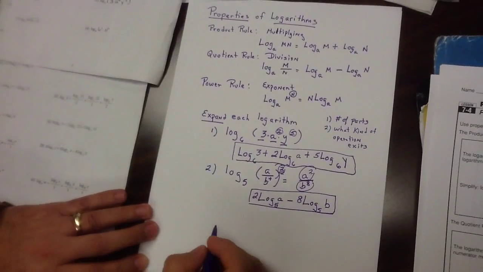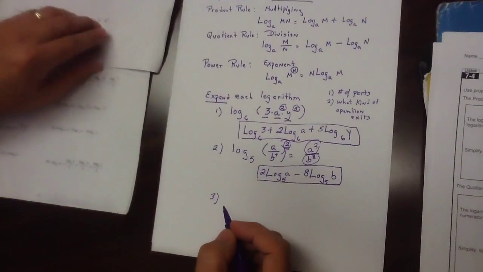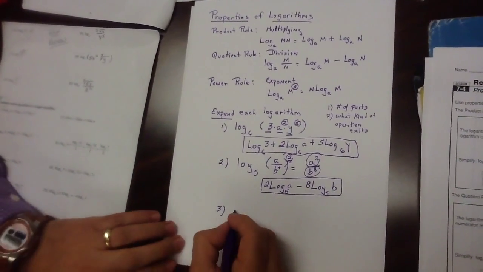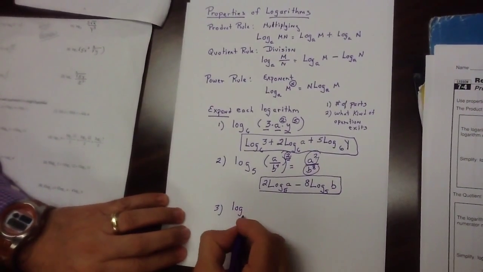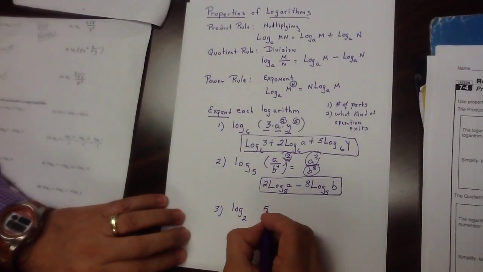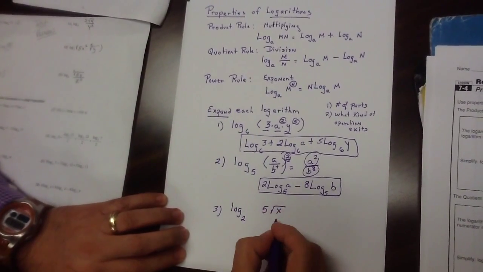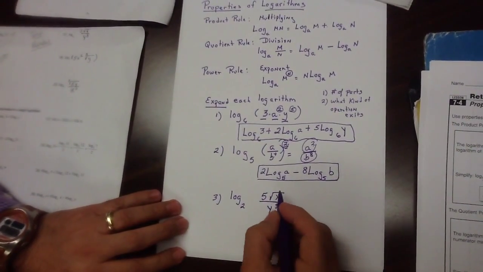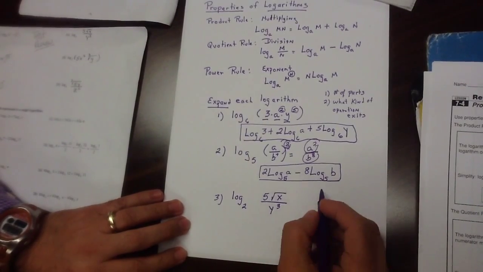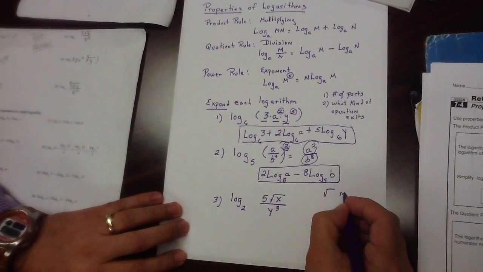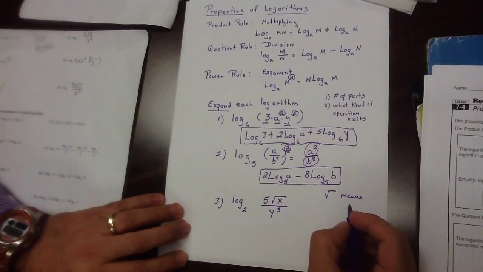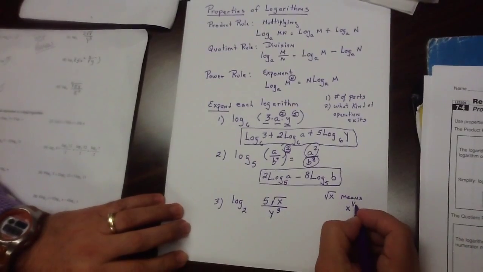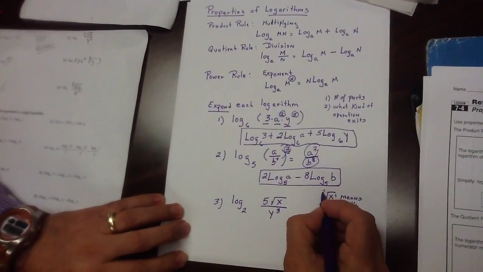That is my answer. The third one that we're going to do deals with a square root. Log base 2 of 5 times the square root of x divided by y cubed. Before we do this problem, keep in mind that a square root means that whatever variable is inside, it's going to be x to the 1/2 power root.